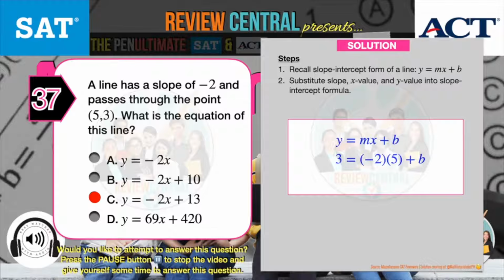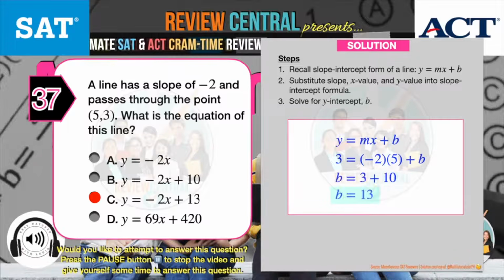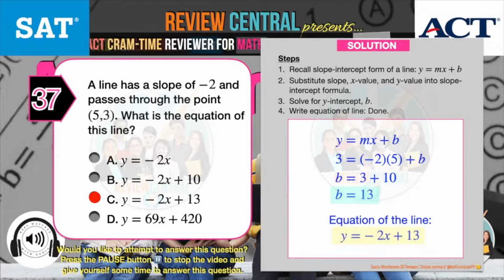The slope is given as -2 and we know that the line passes through the point x equals 5 and y equals 3. We now substitute x equals 5 and y equals 3 into our slope-intercept form of a line, after which we can solve for the y-intercept b. 3 equals -2 times 5 plus b. b equals 13. Therefore, the equation of the given line is y equals -2x plus 13.